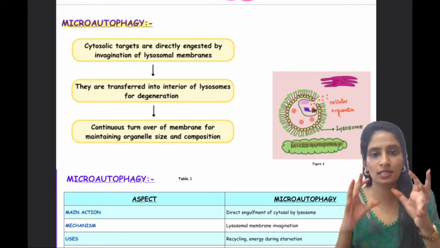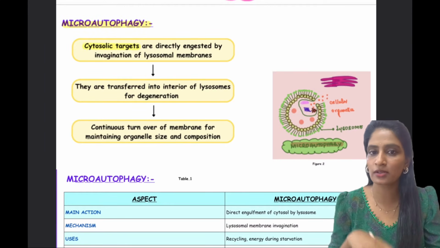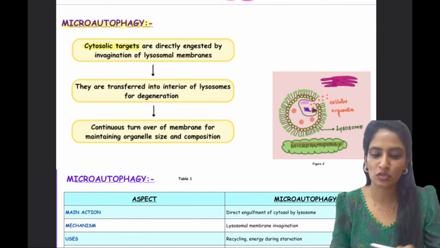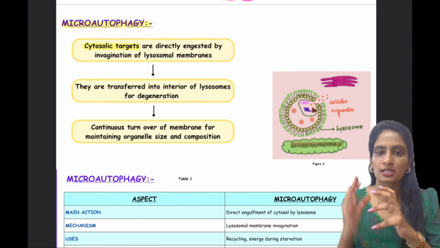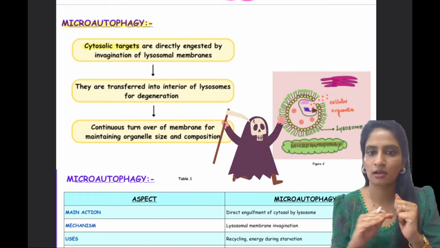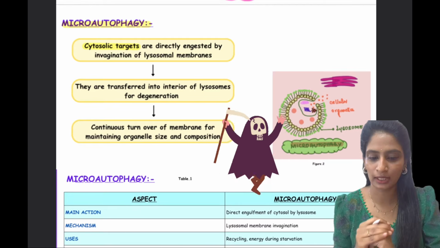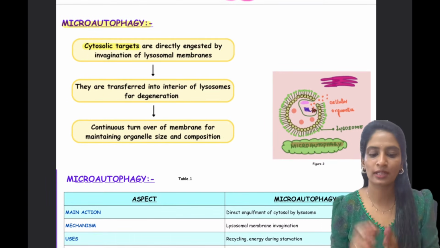Think that there is a little monster inside the cell, sitting inside and waiting for some of the cytoplasmic elements, snacks kind of thing. Instead of waiting for the delivery of the trash, it's directly acting on the target. That is known as microautophagy. This happens through invagination, like a pocket.